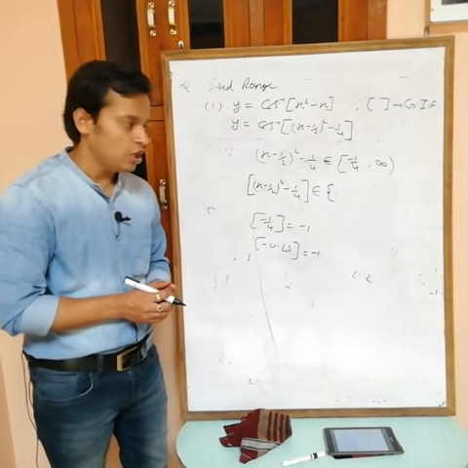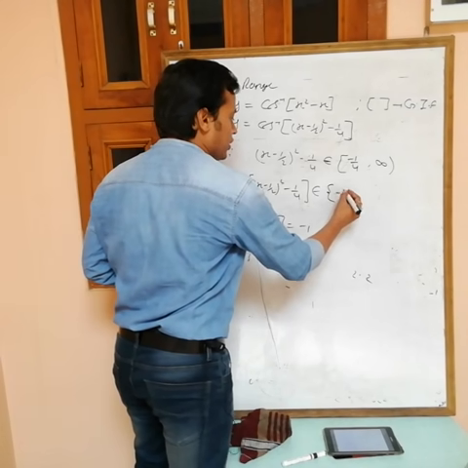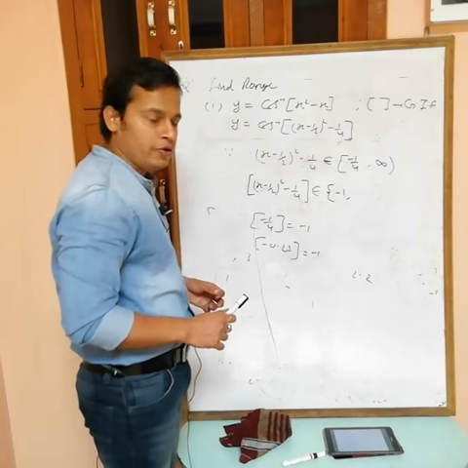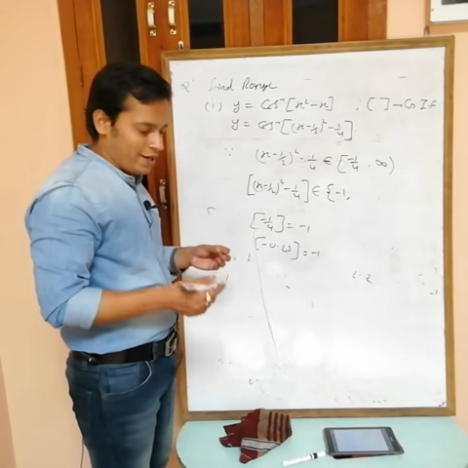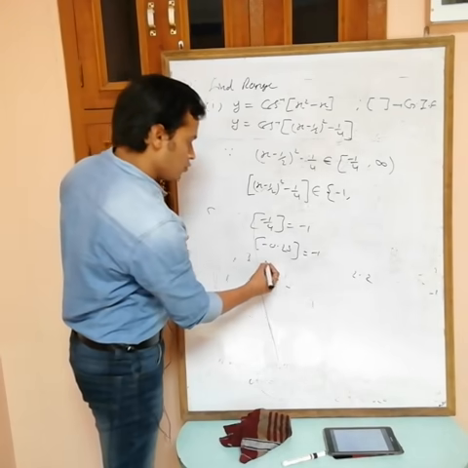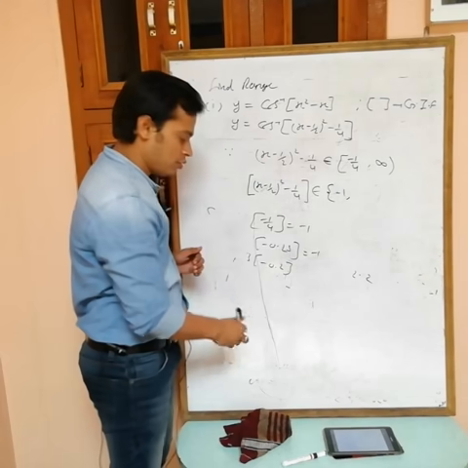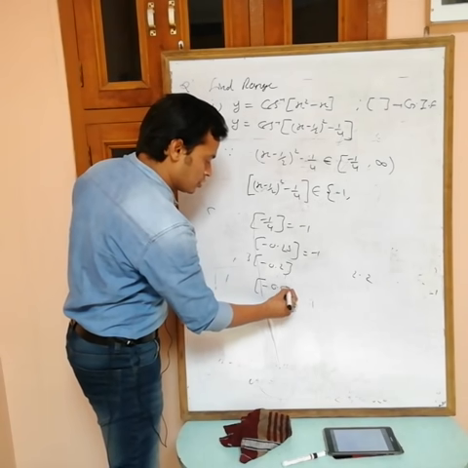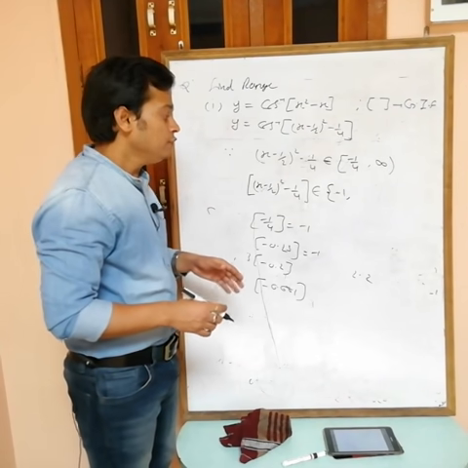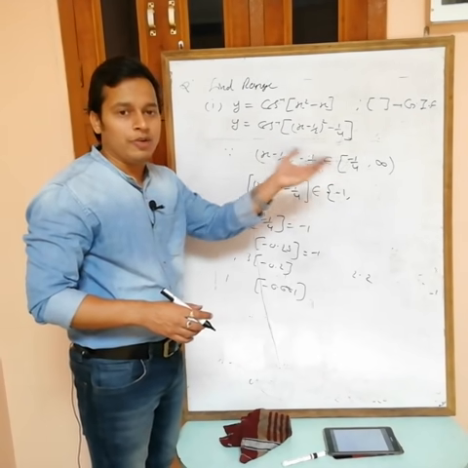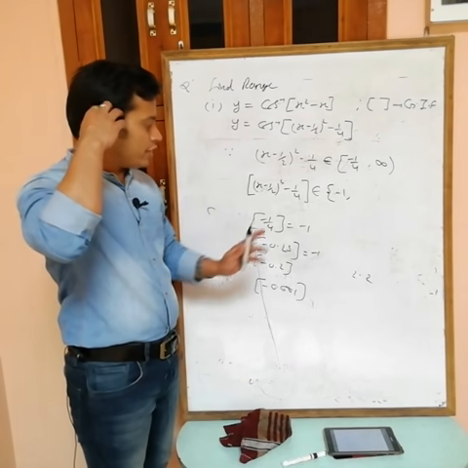When this is more than minus 1 by 4, like minus 0.2 or minus 0.001, the greatest integer is also minus 1. So there is no need to write minus 1 again. The minimum greatest integer is minus 1.